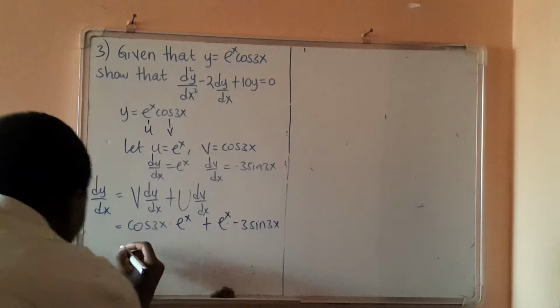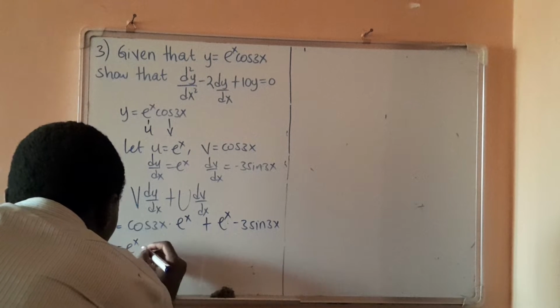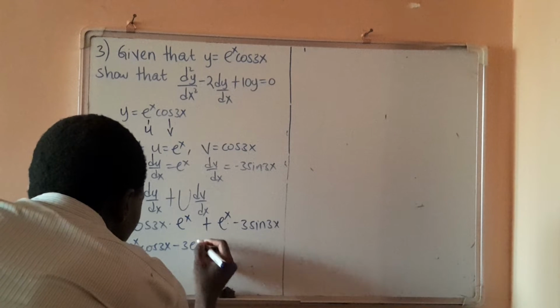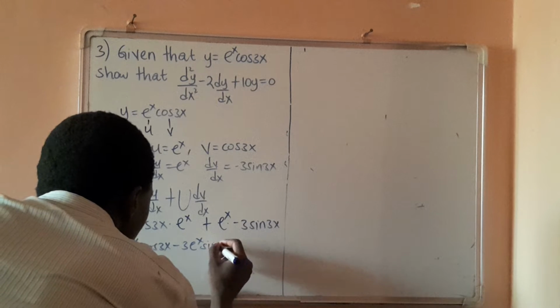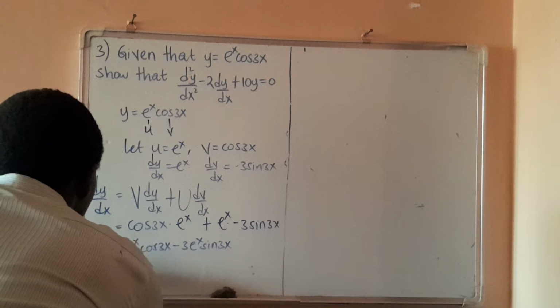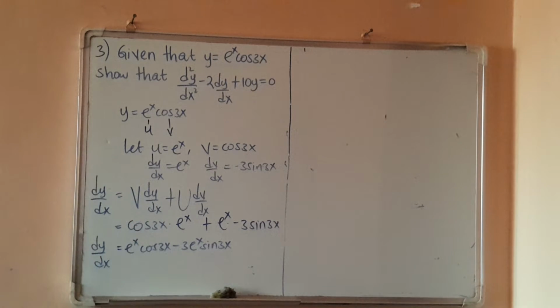Then this is equal to minus 3 e to the x sine 3x plus e to the x cos 3x. That is dy dx, so that is our first order derivative.